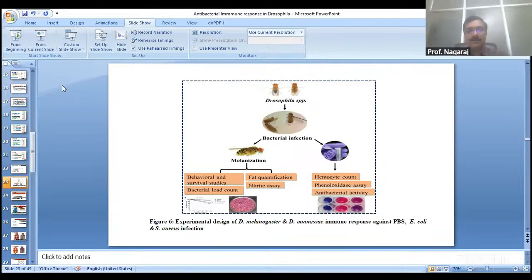Okay, here in this slide, we chose this fly species and those two bacterial strains. We infected these flies with these bacterial strains.